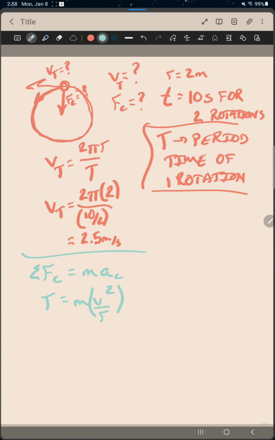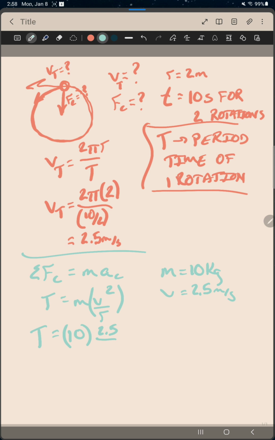So let's just say the mass is 10 kilograms. That's what popped in my head. They'd have to give us that. V is what we found above, 2.5 meters per second. I'm breaking my rule with putting my variables on the right there. Sorry, guys.